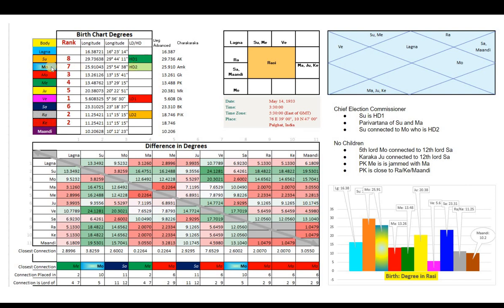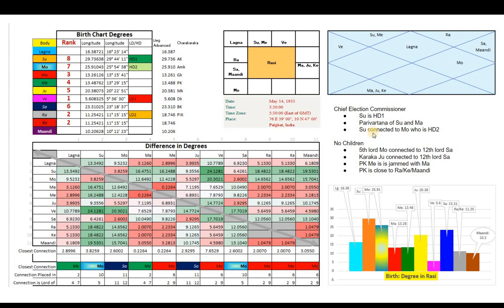And ST2, another planet like the King and the Queen, Moon happens to be the ST2. And there is a parivartana of Surya and Mars in his chart. Surya is sitting in Mars's house and Mars is sitting in Surya's house, and both are Kshatriya planets of the highest order. That parivartana also gives good power and authority for a person of his nature.